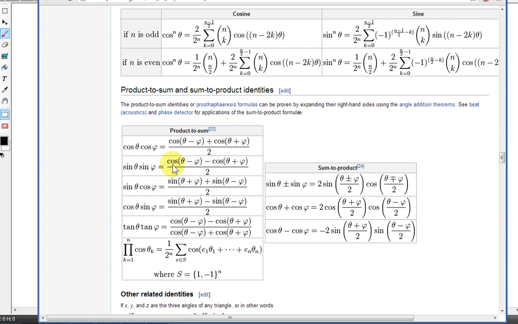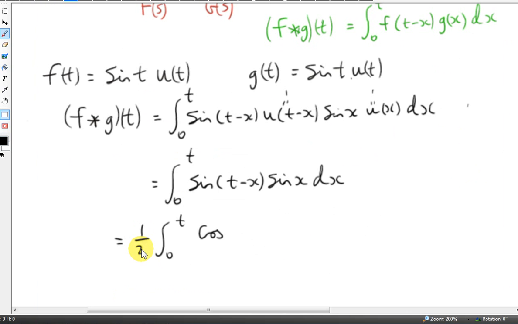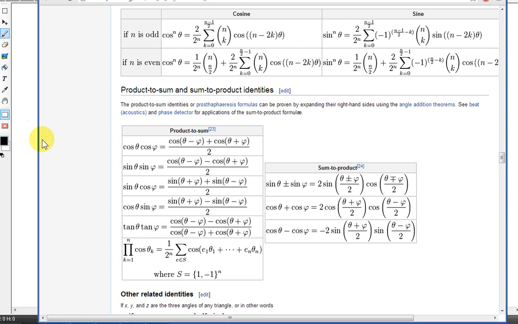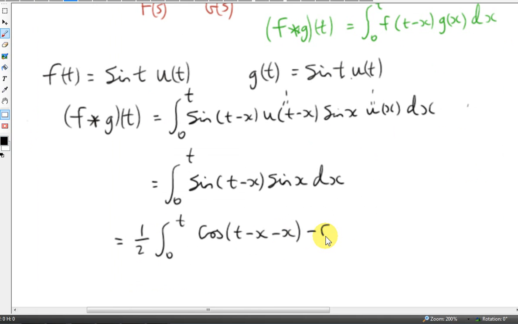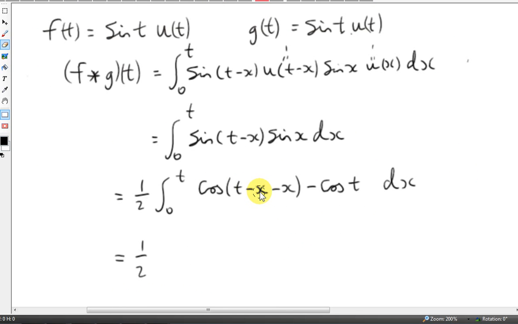So I take a half out, and cos of t minus x minus x, and then minus cos of the sum of the angles. That's t minus x plus x, which gives us t. So we can write this as t minus 2x.